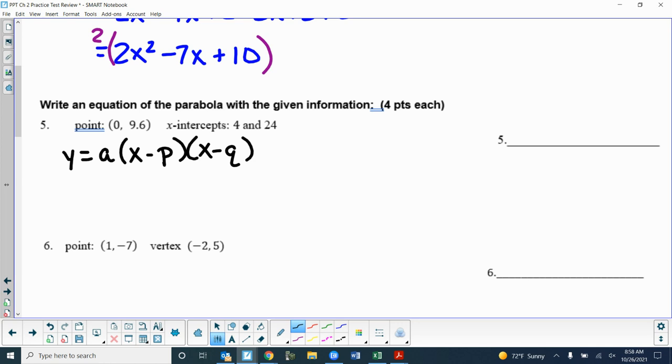We good? We're going to solve for what? A. That's what we're looking for first. We're looking for the a value. So, we're going to put 9.6 in for y. We all know what a is. That's what we're looking for. We're putting 0 in for x, 4 in for p, 0 in for x still, and 24 in for q.